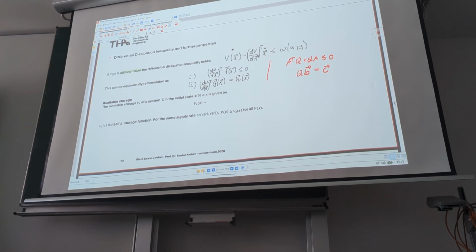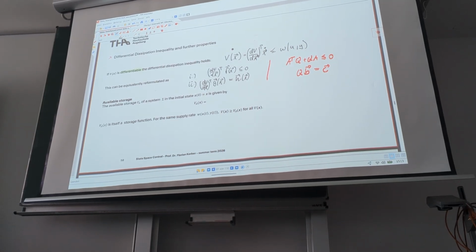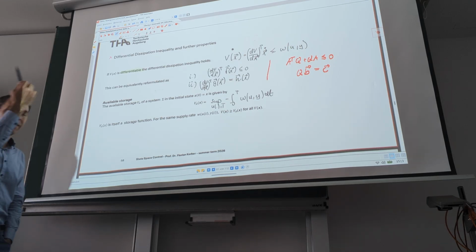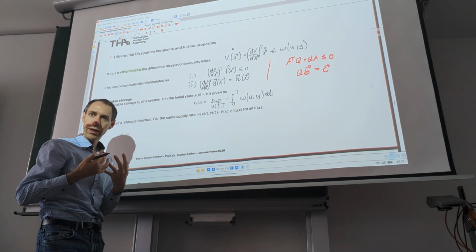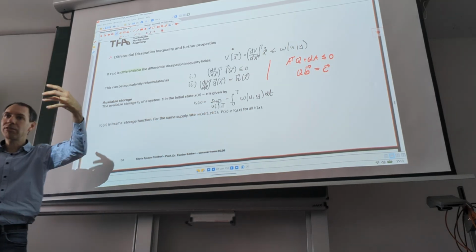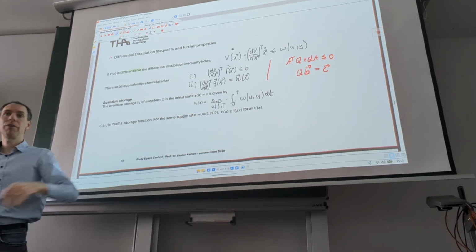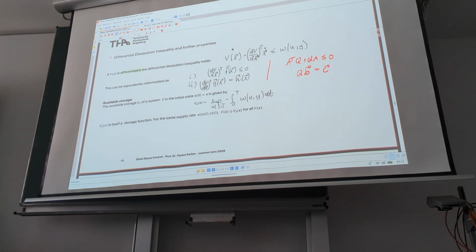I can formulate that in the following way. This available storage would be the supremum over all inputs u for a given time t of the basically supplied power integrated over dt, and I take the minus here to symbolize that this is what I can extract, the maximum that I can extract by a suitable choice of u and y, or particularly y, the output.